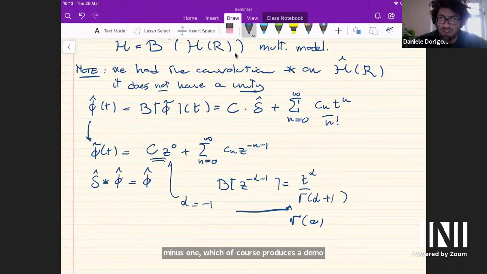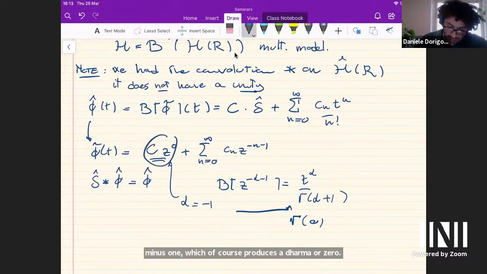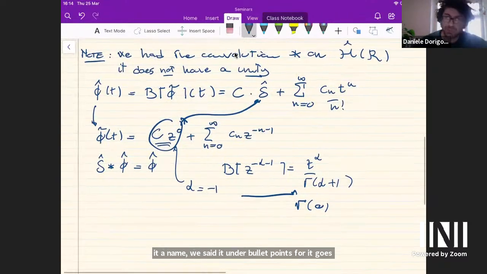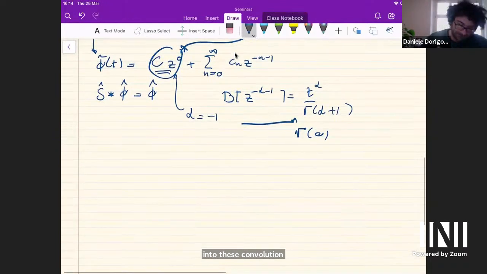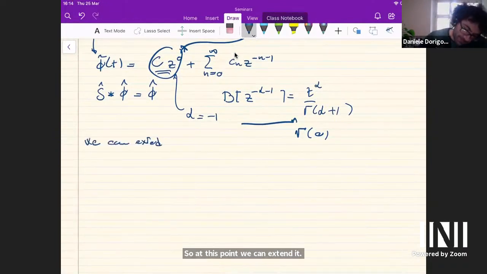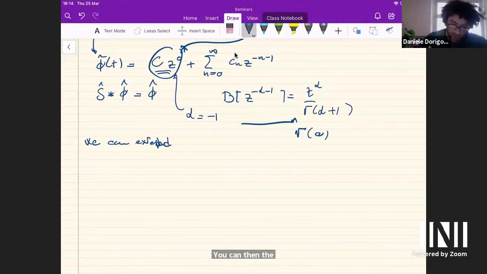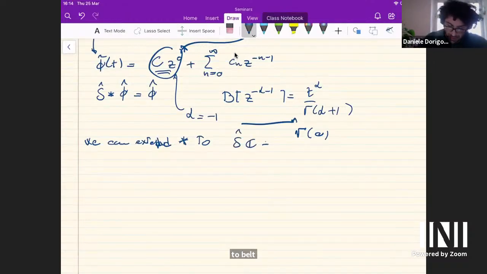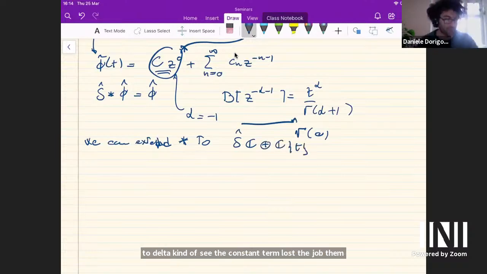So this guy does not exist on its own. So we just give it a name. We say that under Borel transform, it goes into this convolution. So at this point, we can extend the convolution product to delta times C, the constant term, plus the germ of analytic functions around the origin.